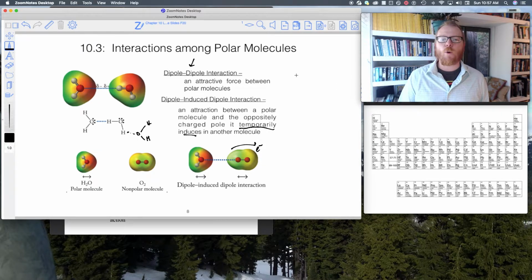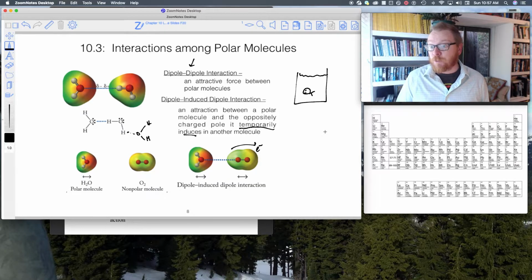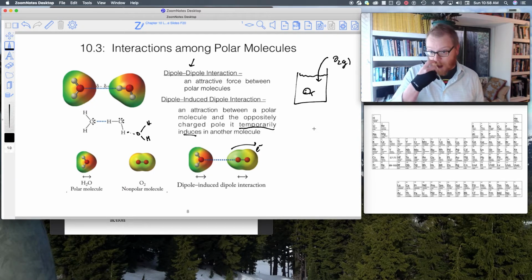So why is this important? Well, as it turns out, if we imagine like a jar of water, and maybe there's like a little fish living in this water. So this is my terrible drawing of a little fishy, okay? Fish breathe oxygen underwater. Where does that oxygen come from? Well, it can get taken up into the water.